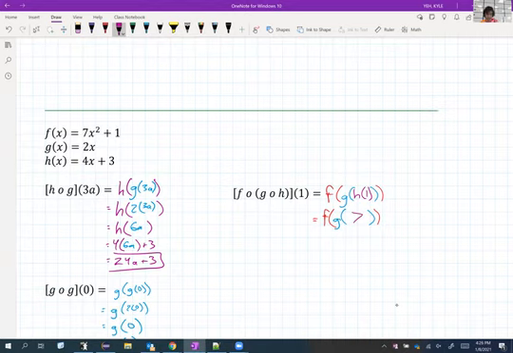H of 1 is just 7. Well, then what is g of 7? G of 7 is going to be 2 times 7, because that's what I'm plugging in. G of 7 would just be 14.